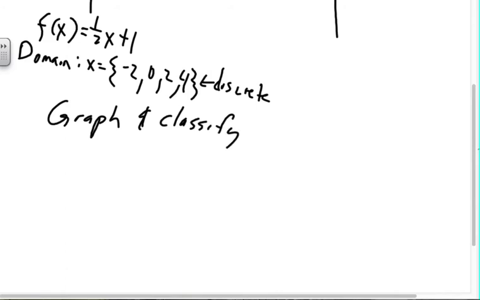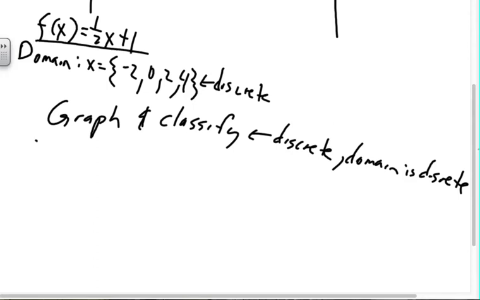So on this one, we'll classify it as discrete because the domain is discrete. Okay, now we have to graph it. But all we've got are x values, so we need to find our y. You get that by plugging in up here.